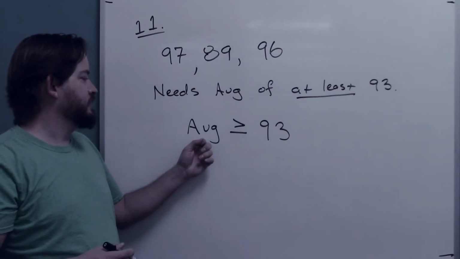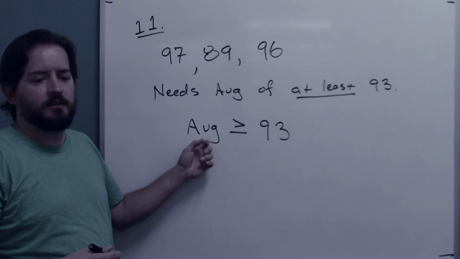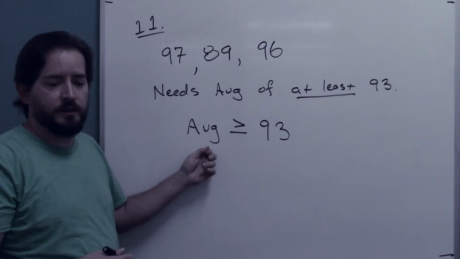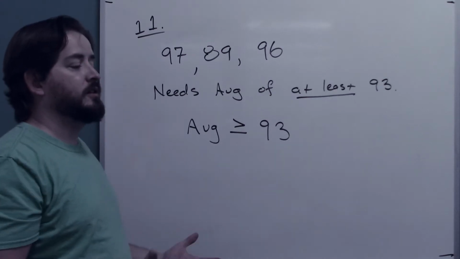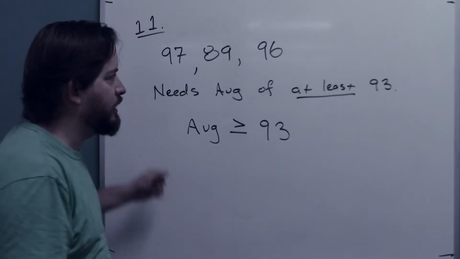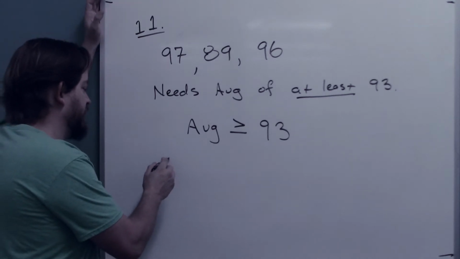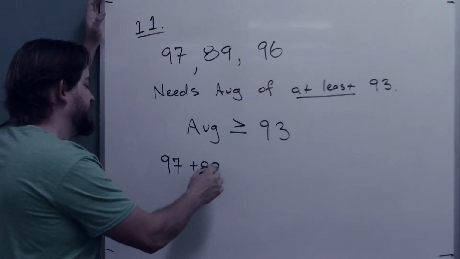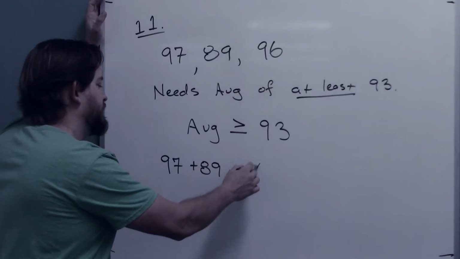And so it's this expression of average. The biggest mistake, there's two mistakes. The first is where you create the expression for the average, and the average is just all of the tests added together and divided by however many tests there are. And so it seems easy enough because I have the first test, plus the second test, plus that third test.